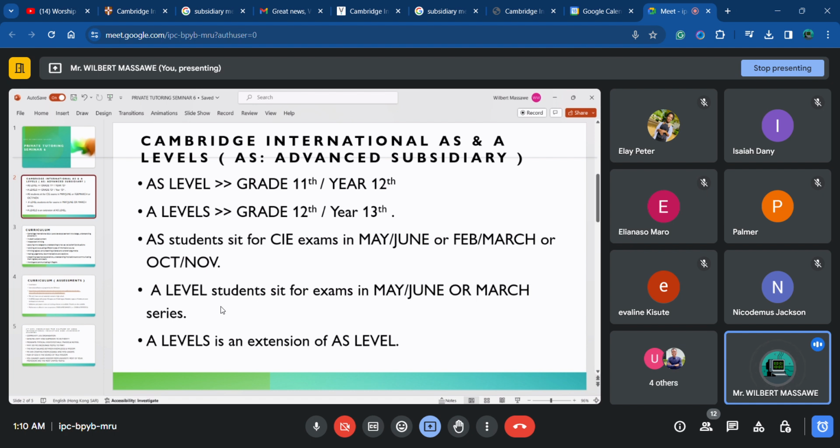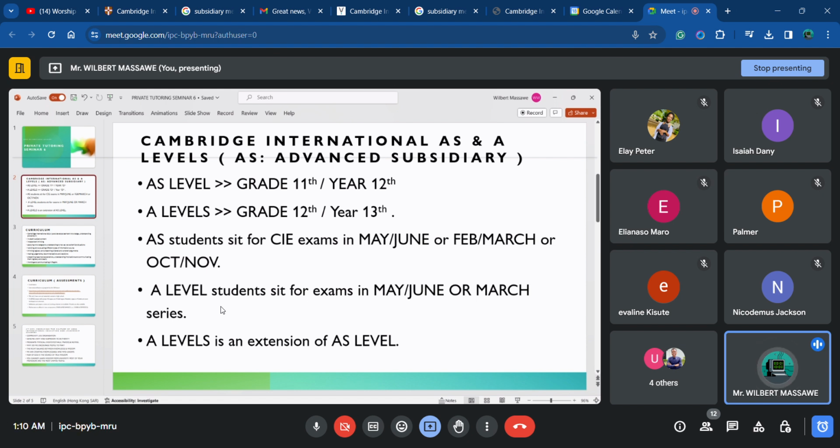So that means they won't have their final exams result when they apply to colleges or universities.